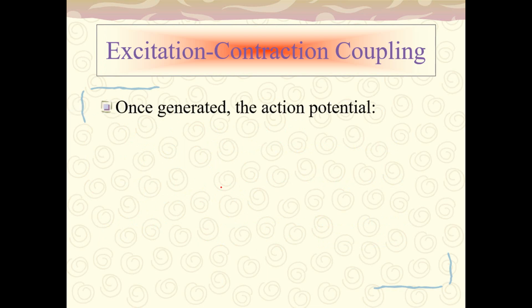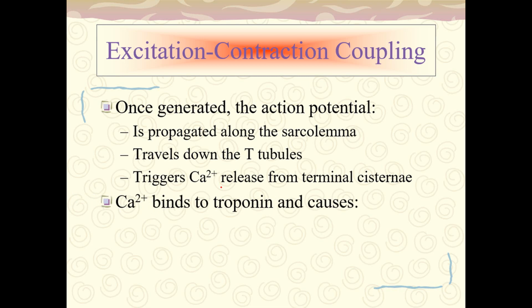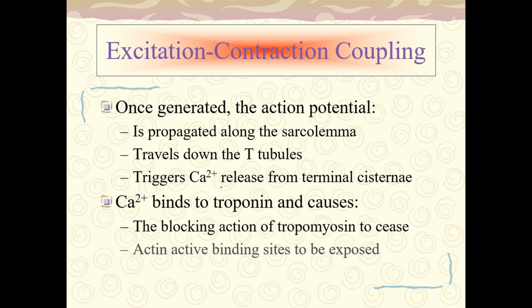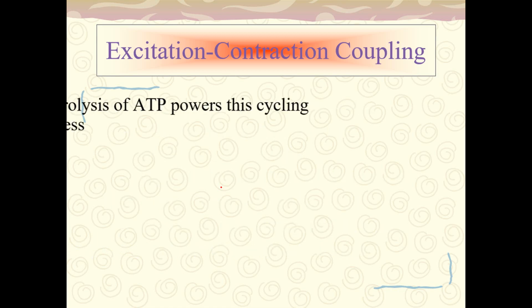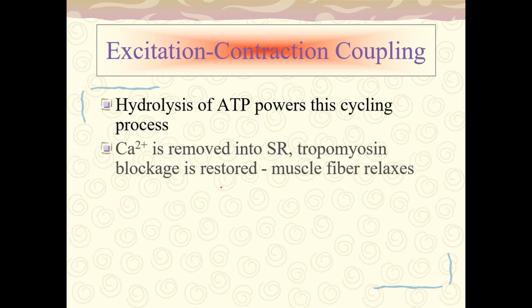EC coupling: once generated, the action potential propagates along the sarcolemma down the T tubules. The terminal cisternae release calcium. Calcium binds to troponin and moves tropomyosin out of the way. The actin active binding sites are exposed, and hydrolysis of ATP powers this cycling process in a couple of different ways.